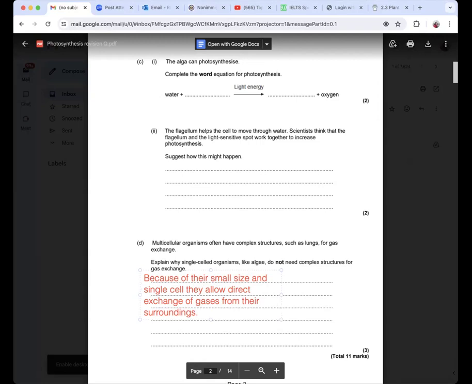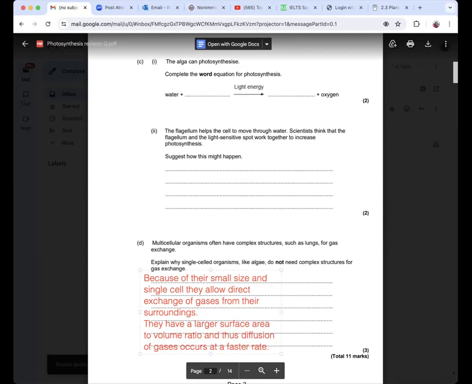And then they have a relatively larger surface area to volume ratio, and thus diffusion of gases occurs at a faster rate. That is one point you mentioned, right?